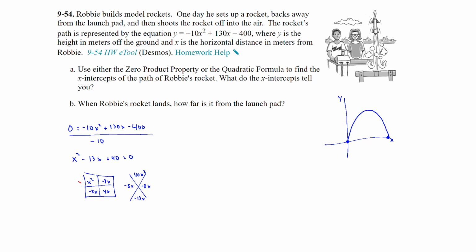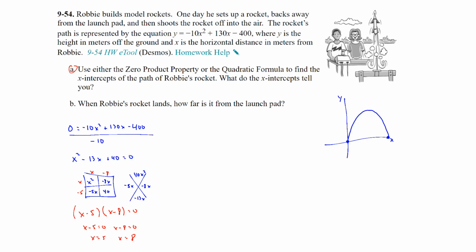And so then we have x times x, and then x times -8 and x times -5. So it looks like it does factor nicely. x minus 5 times x minus 8 is equal to 0. Use the zero product property to solve, and we get x equals 5 and x equals 8.